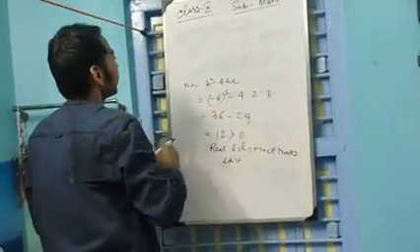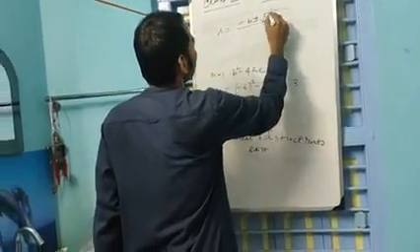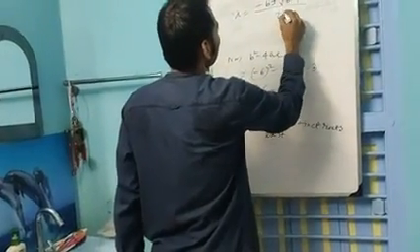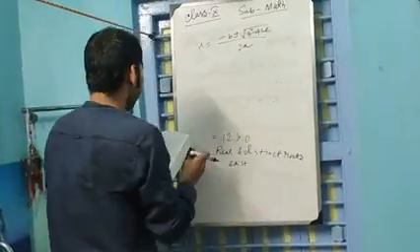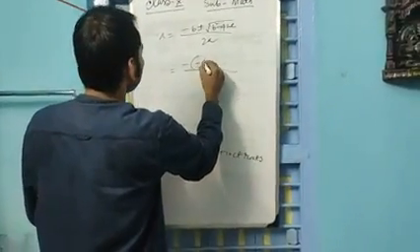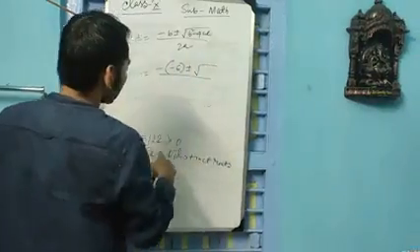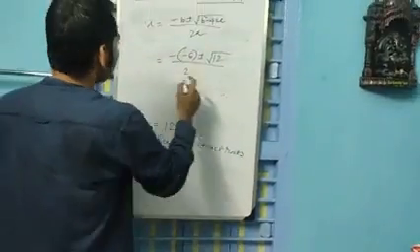So the roots are, what is the formula? x = (-b ± √(b² - 4ac)) / 2a. Here instead of b we put -6, b² - 4ac means 12, and instead of a we put 2.